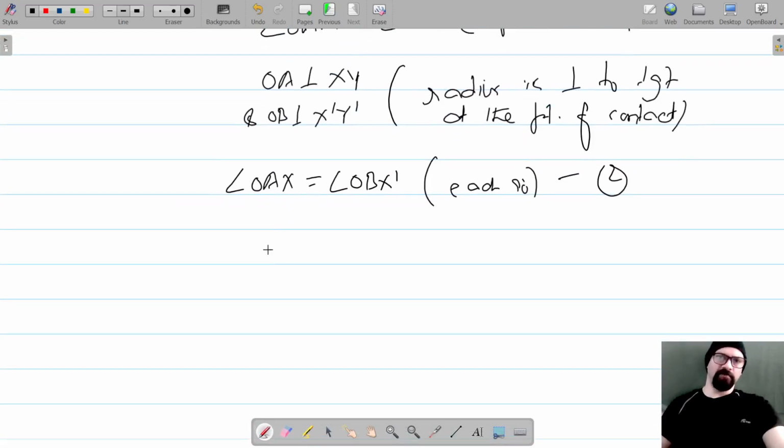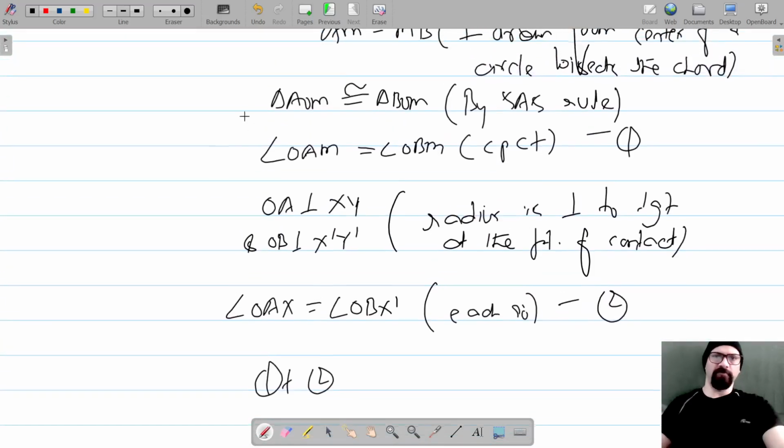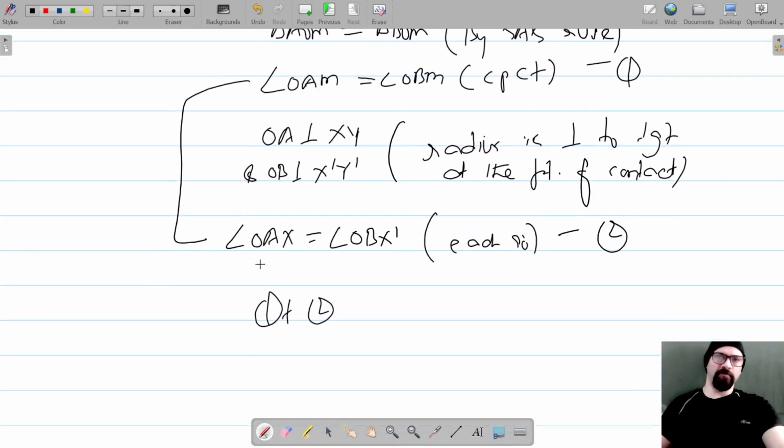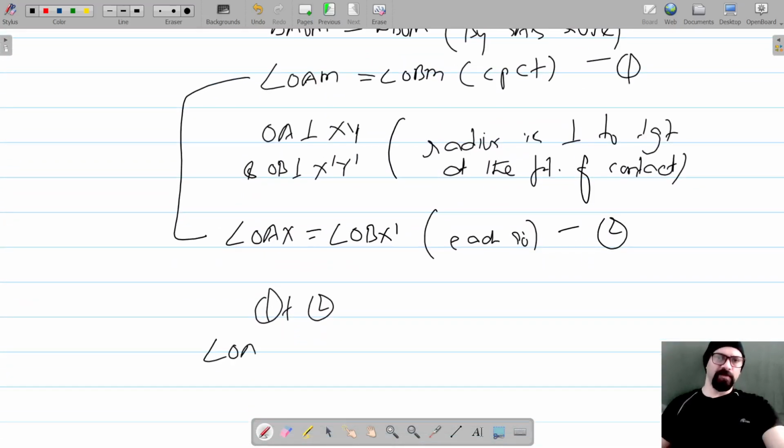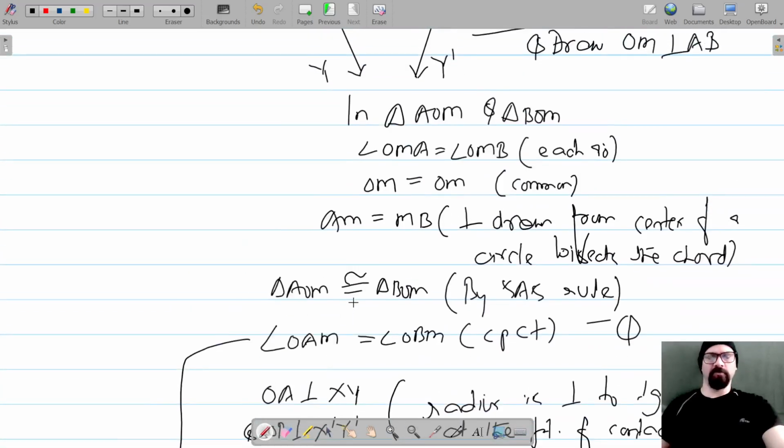So I'm going to add these results 1 and 2. If I add these results 1 and 2, we get angle OAM plus angle OAX equal to angle OBM plus angle OBX'.